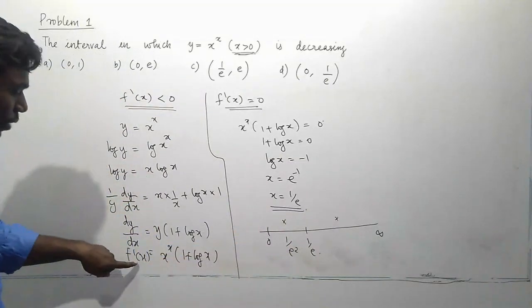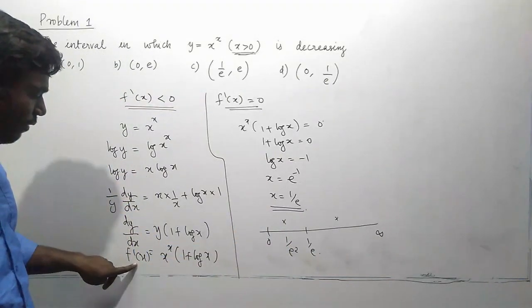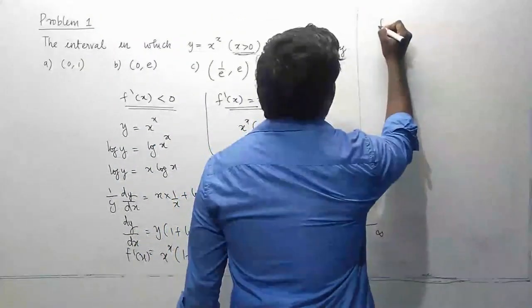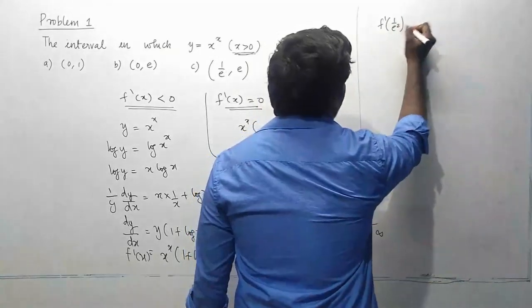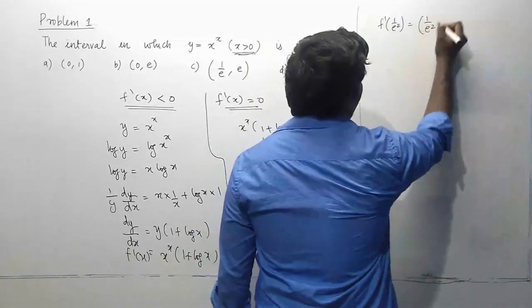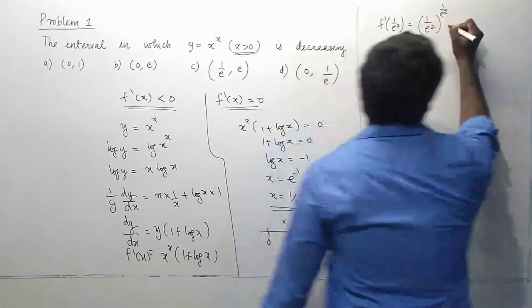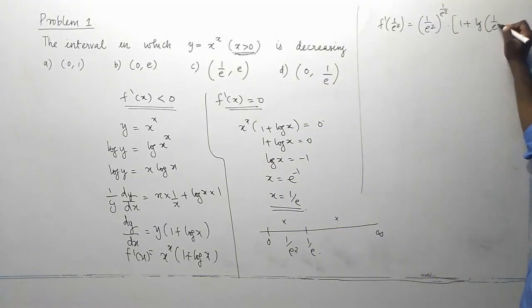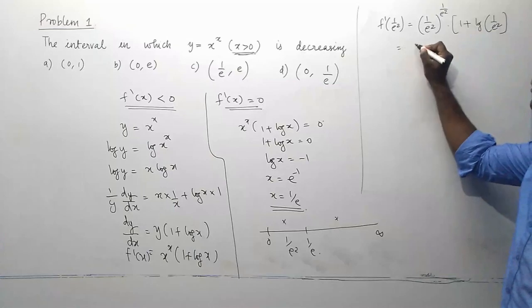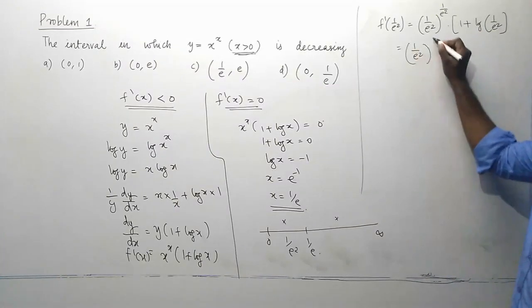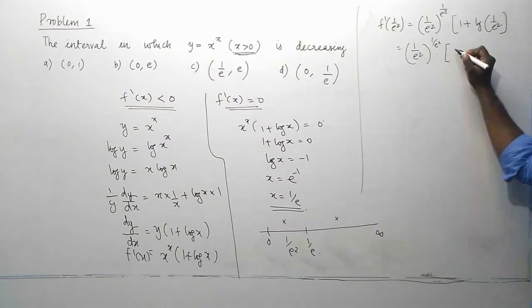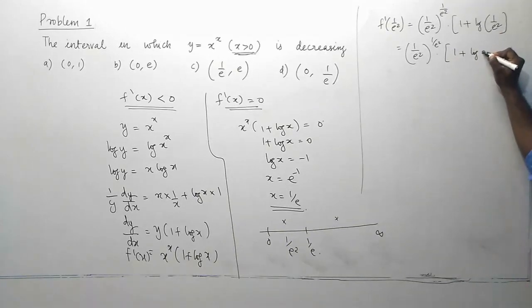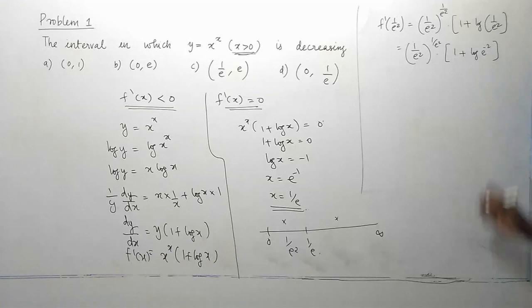And let us calculate the value of f dash of 1 by e squared. That will be equal to 1 by e squared the whole raised to 1 by e squared into 1 plus log 1 by e squared. That is equal to 1 by e squared the whole raised to 1 by e squared into 1 plus log e raised to minus 2, which becomes minus 2 log e.